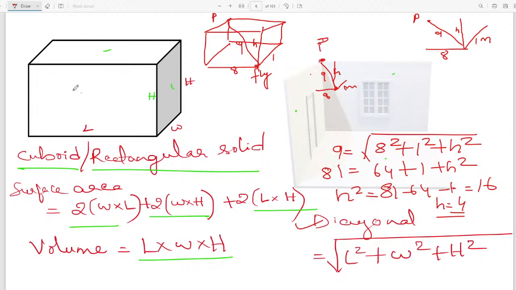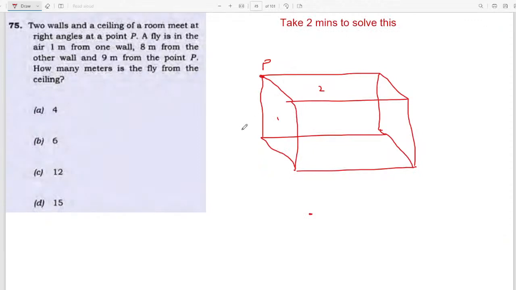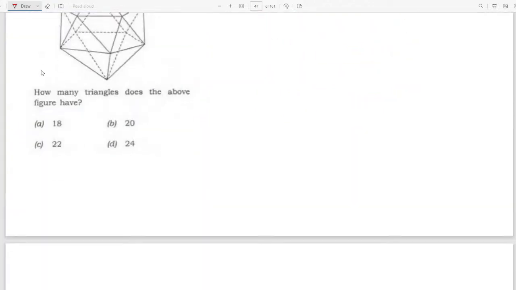If there are still any doubts, you can post it in the chat section. I've tried my best to clear this, to show how this is correct. Okay, we'll move to the next question then. So the correct answer is option A. I hope things are clear. We'll move to the next question.